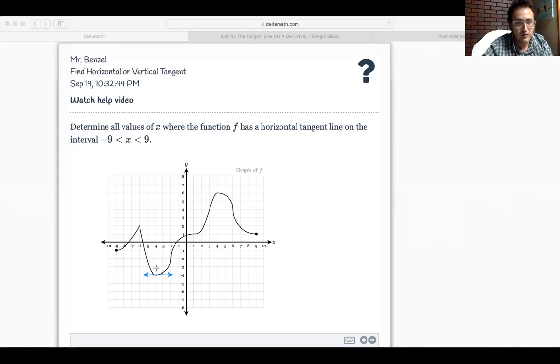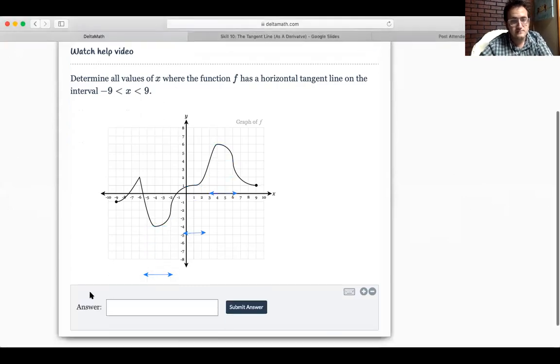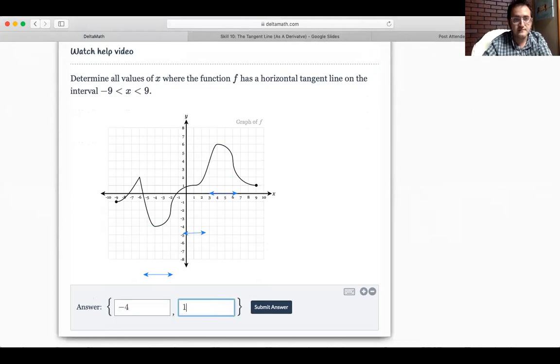So I get -4, about 1, and then about 6. And you can just list the points. Or actually about 4. So -4, 1, and +4.